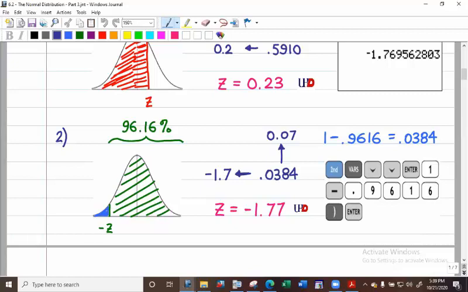But remember, if you're looking at the chart, you're not going to be able to find it by the 96.16%. You have to know what the area left is. Well, that's easy enough, because the whole thing adds up to 1. So if you know that there's 0.9616 to the right, 1 minus that will be to the left. So this little area in blue is 0.0384, and then that's what I would look at on the chart.